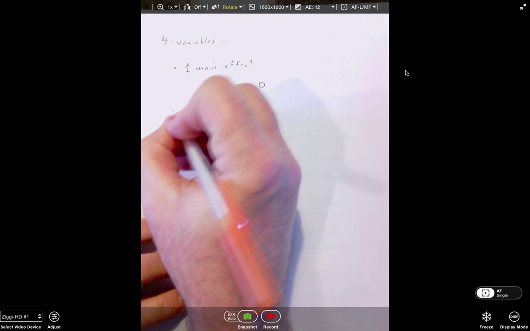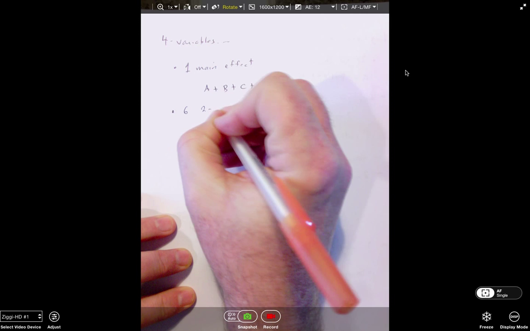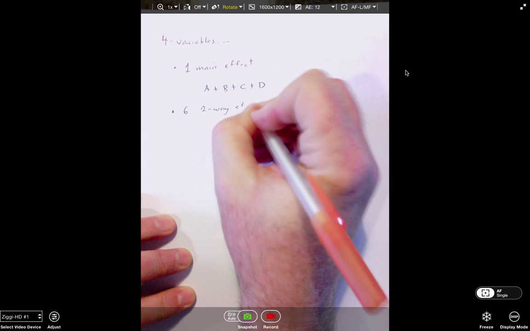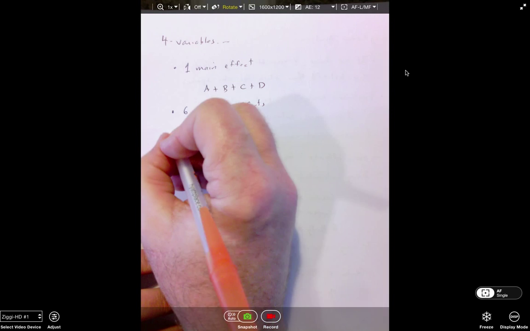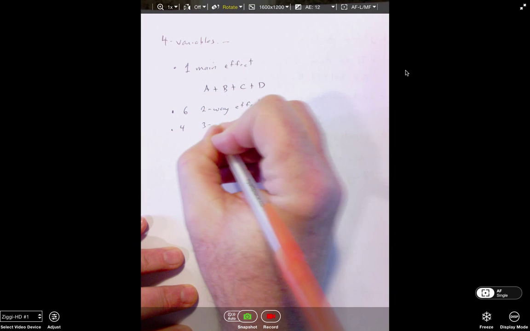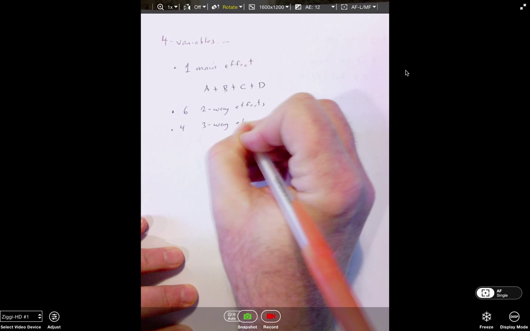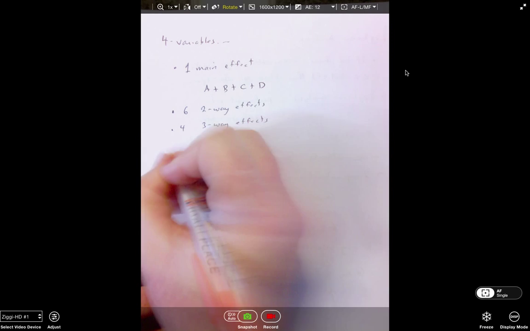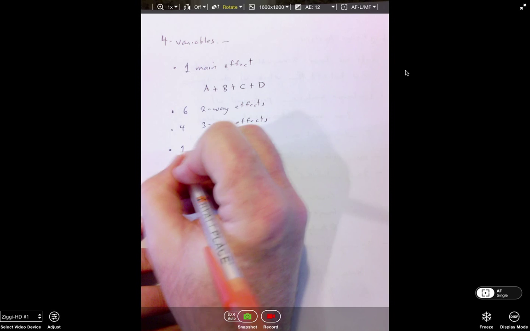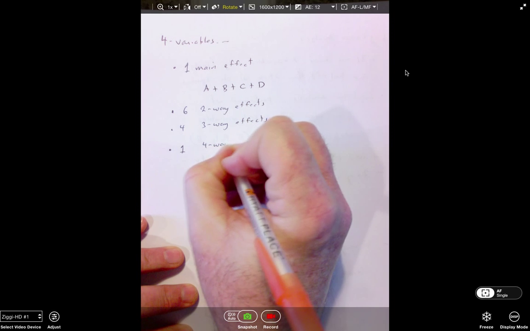You know, for categories, we call those A, B, C, and D. We would have 6 two-way effects. We would have 4 three-way effects. And we would have 1 four-way effect.